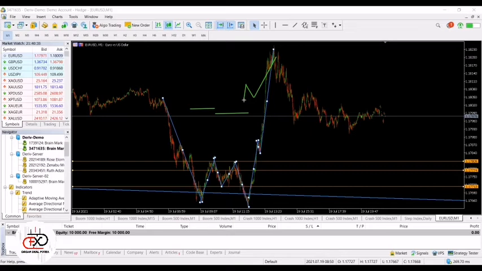So for you to expect a good breakout, what do you do? See a retest. Confirm that, okay, market has broken a particular zone or a particular support or resistance. Now, that is what gives you the real confirmation.